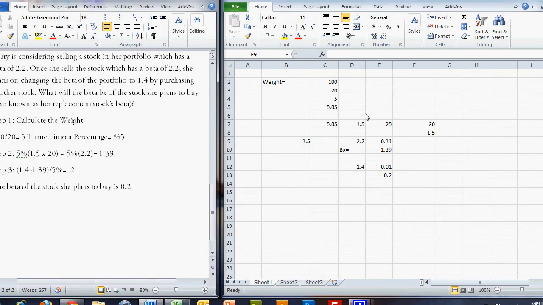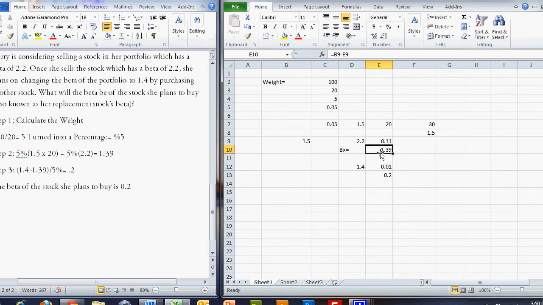You take your 5%, which is right here, and then you multiply it by 2.2. Let's do that again. Equals 0.05 times 2.2 equals 0.11.